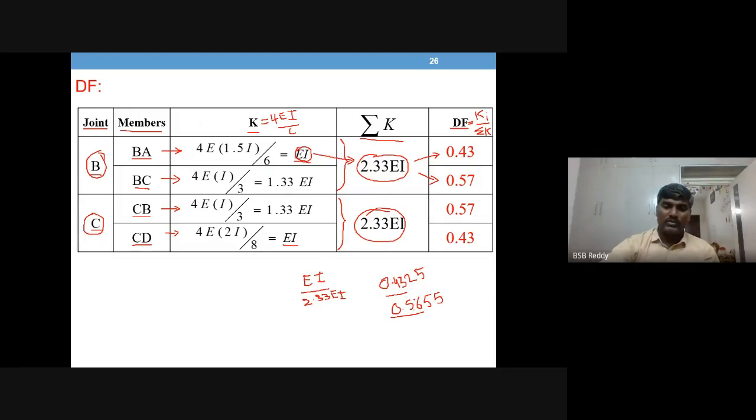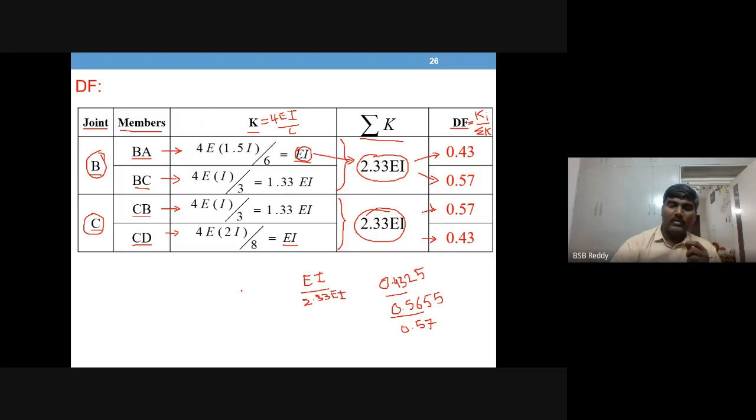So you shall take this value as 0.57, then only the total is 1. So while you round off, make sure the total is 1. Same here: 1.33 divided by 2.33 is 0.57, and 1 divided by 2.33 is 0.43. This is how we find distribution factor values.